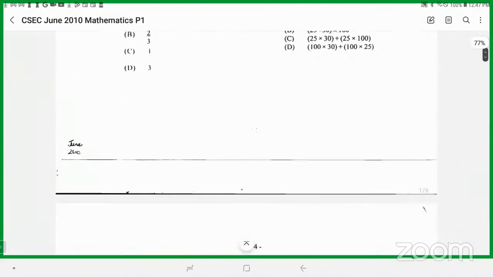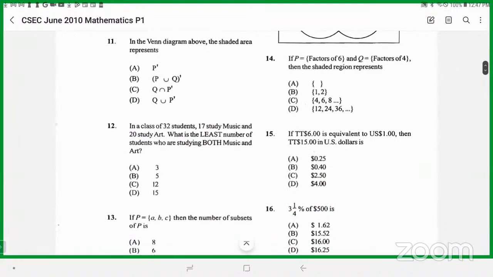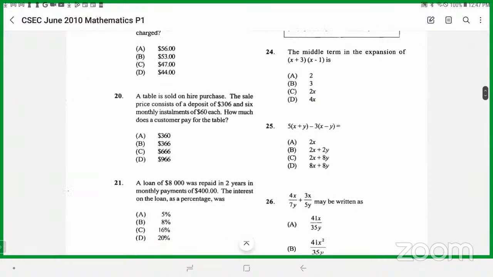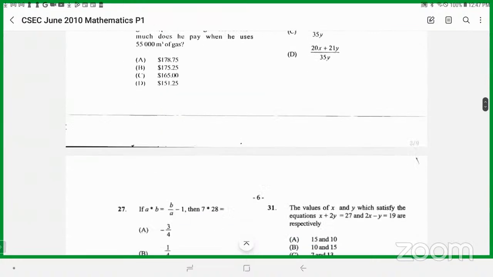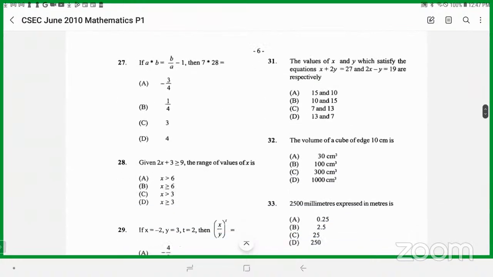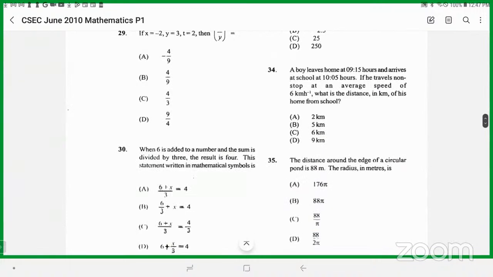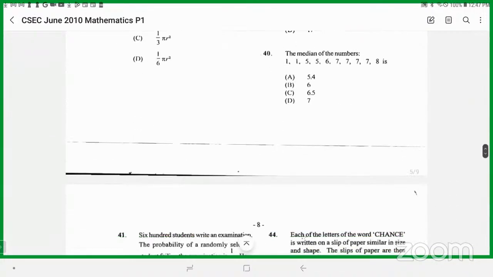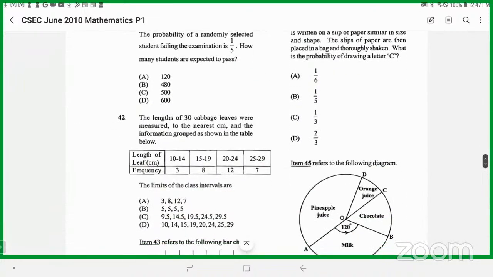Let's look at the functions question on this, see if there's anything to be gained from it. This is 2010 multiple choice. Might have to do one more paper 2 and we'll call it a day.